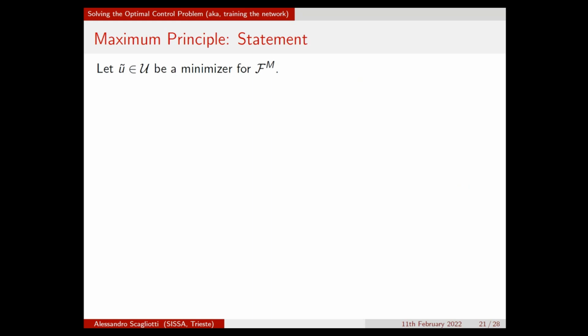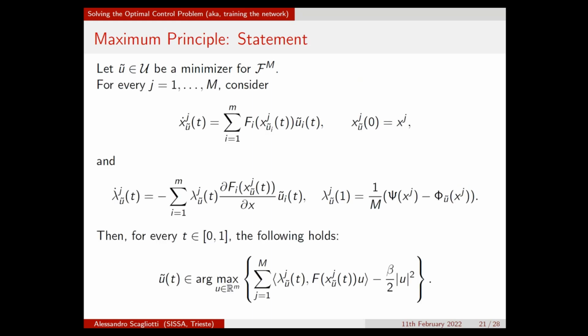The statement is that, let's assume that U tilde is a minimizer for the function Fm. Therefore, we can consider this differential equation that provides the trajectories obtained by evolving the initial ensemble through the dynamical system provided by the choice of U tilde, and we consider the corresponding adjoint variables.